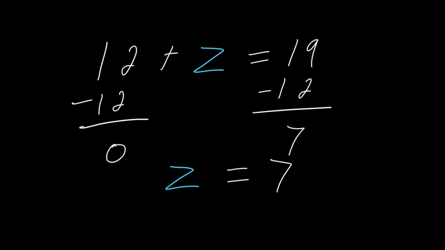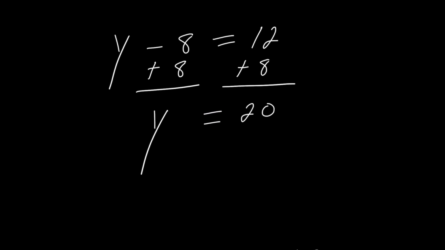Now notice something. There's something very interesting going on. Over here, we had our variable, which is y, and then this number over here, that was the only other number on the left-hand side, right? So we had y minus 8 equals 12. This number over here, it was negative 8, and we added 8.